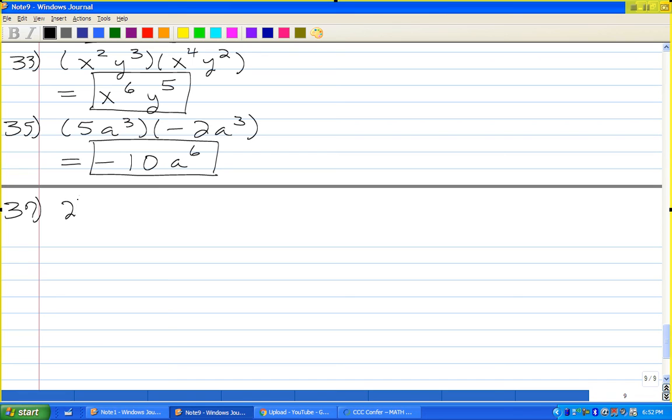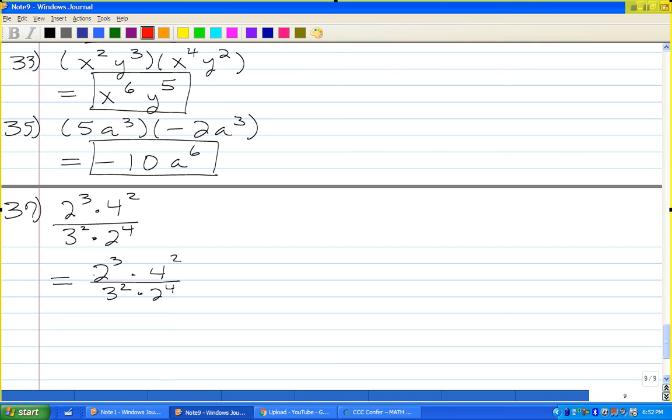2 cubed times 4 squared over 3 squared times 2 to the 4th. In exercises 37 through 60, simplify the expression. Okay, so I have here 2 cubed times 4 squared over 3 squared times 2 to the 4th.